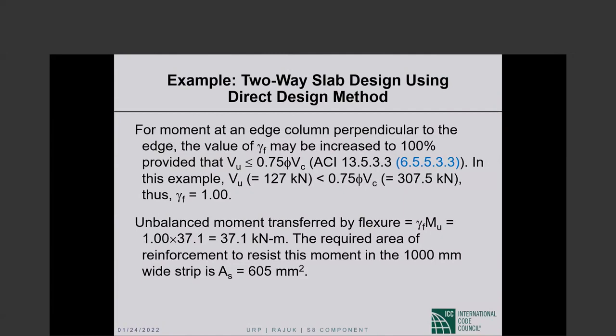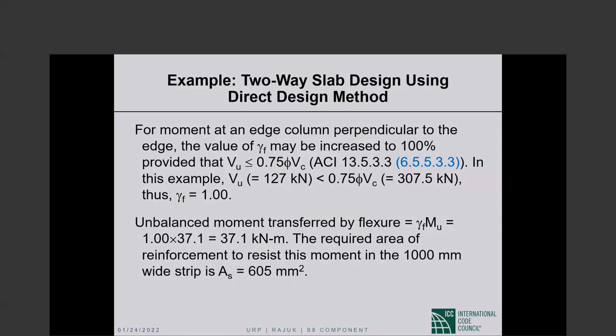Now we want to take advantage of what Jacob Grossman gave us. So for moment at an edge column perpendicular to the edge, the value of gamma sub f may be increased to 100% provided the V sub u is less than 75% of phi times V sub c. In this example, V sub u is 127 kilonewtons and 75% of phi V sub c is 307.5. Now, you have not seen that. This is tomorrow's topic.